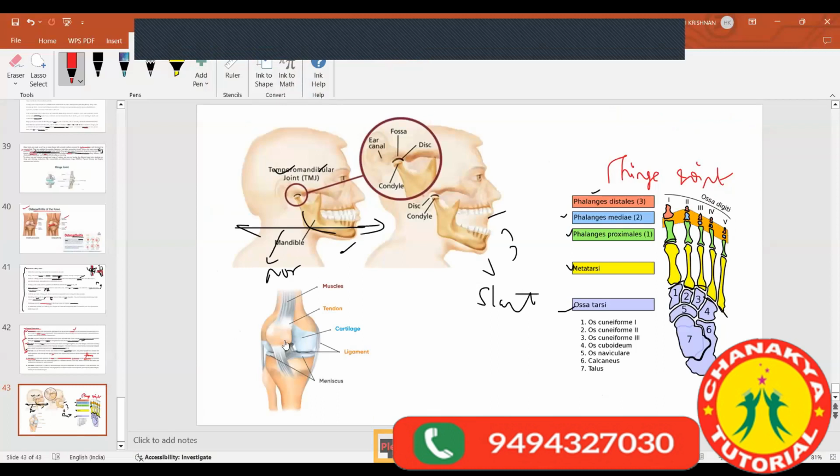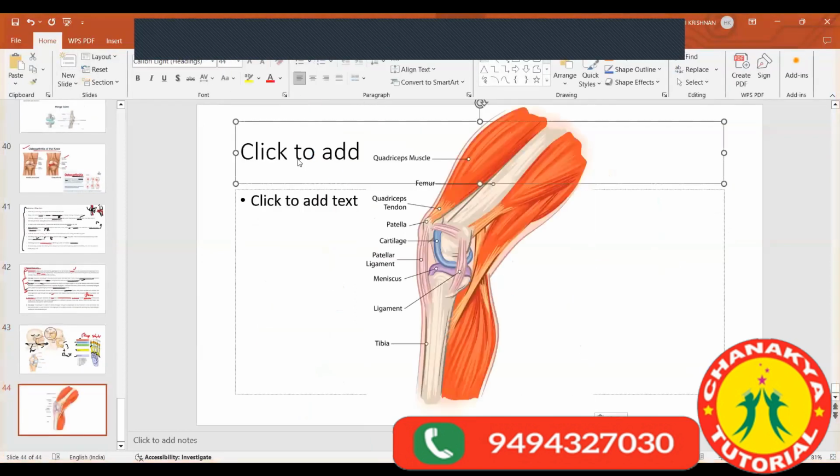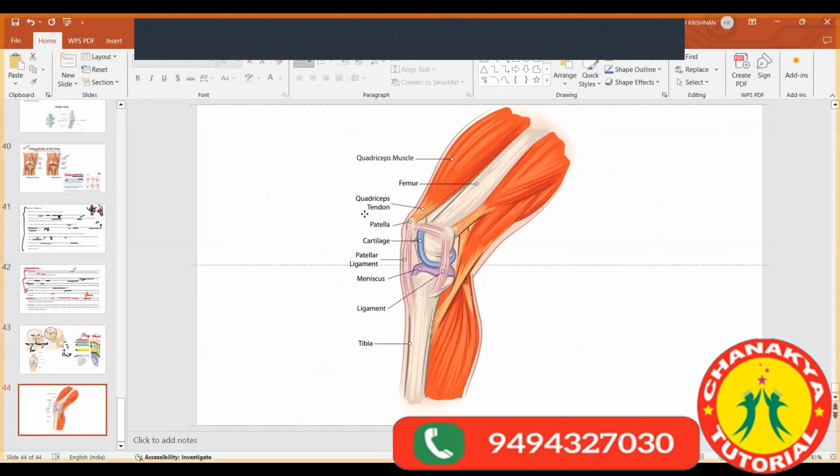Okay, in your exam you told me to draw ligaments, and that diagram has ligaments. Copy image. You're also searching for it? No, ma'am. I think this one is somewhat okay.